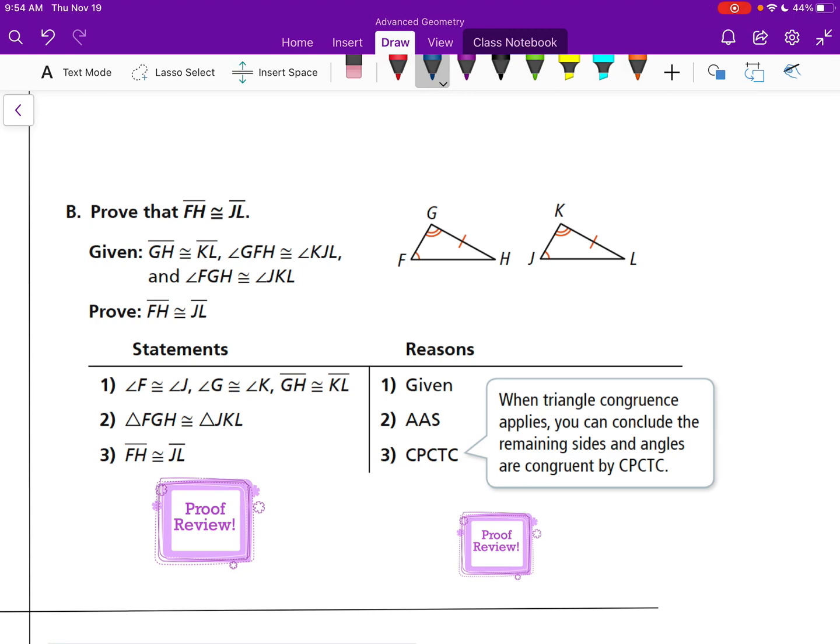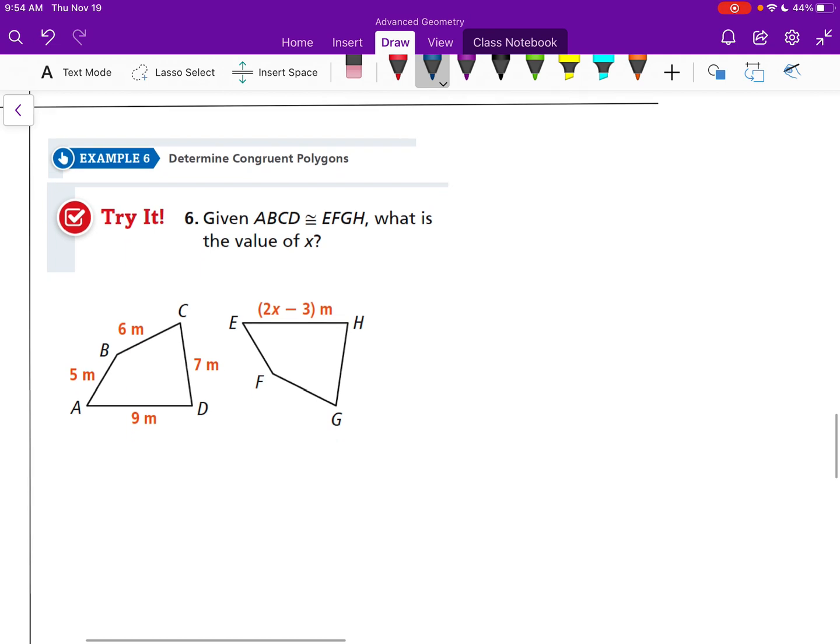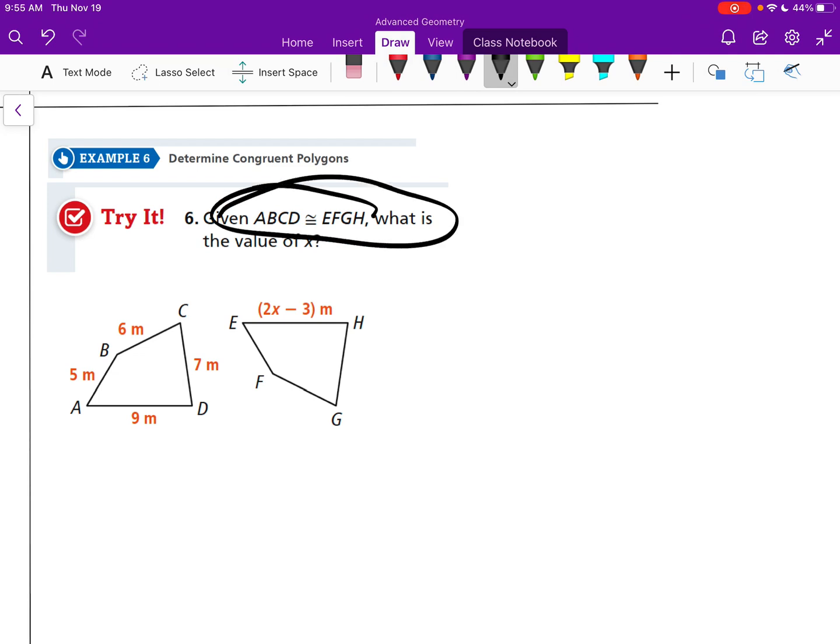Okay, now we're jumping to example 6. Example 6 throws it all together, and it tells you that this polygon ABCD is congruent to this other polygon EFGH, and it wants you to find the value of x. The only main thing you have to know is that if these two polygons are congruent, that is a very important statement, then all of their corresponding parts are also congruent.